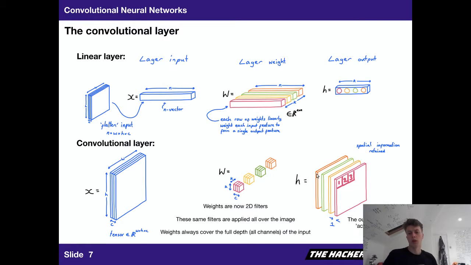In the case of detection, maybe this filter is looking for faces, and when there's a high number in any region of this red activation map, that means there's likely to be a face here. This green one might be something different, like cars. So we'll be able to see how present the feature is by each of these numbers, but we'll also be able to see where it's present in the image.